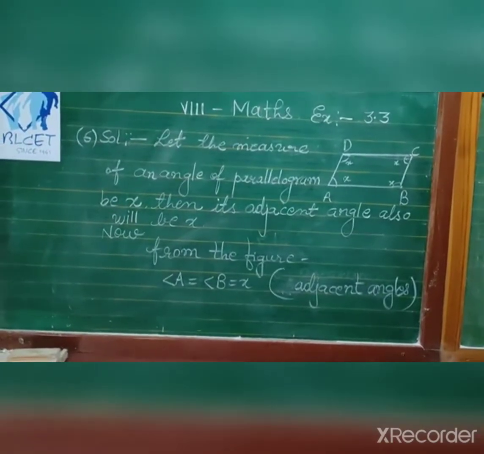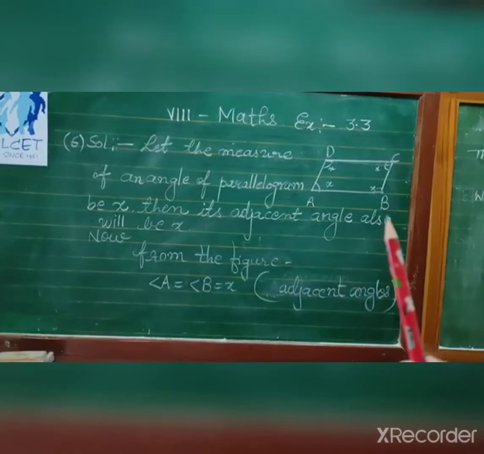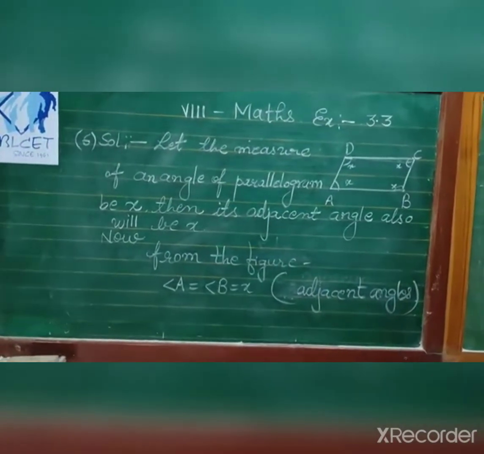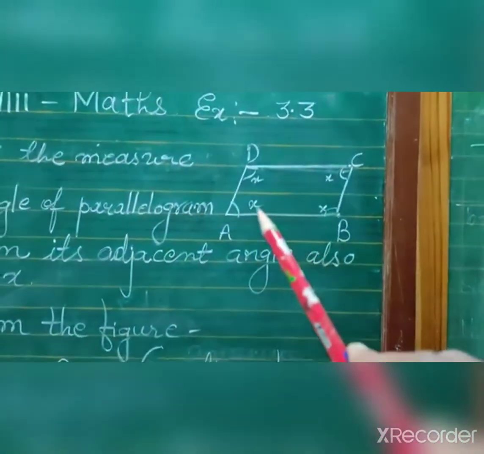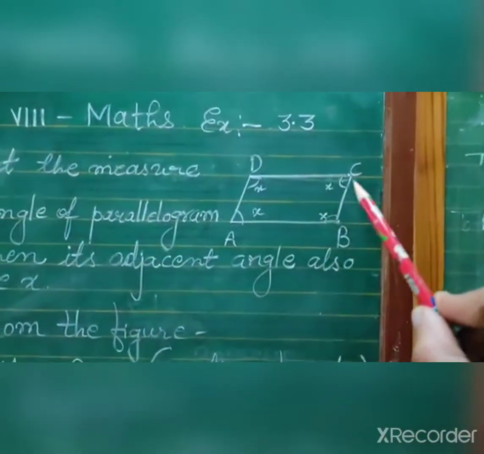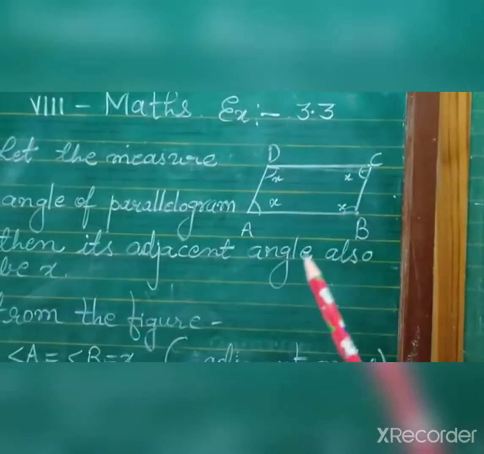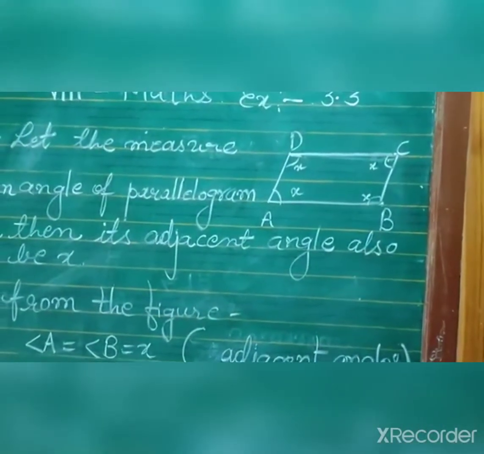Now from the figure you can see angle A is equal to angle B is equal to x, adjacent angles. Okay. Now according to the definition of parallelogram, we know that opposite angles of a parallelogram are always equal and the sum of all angles will be 360 degree. So this property we will use here.